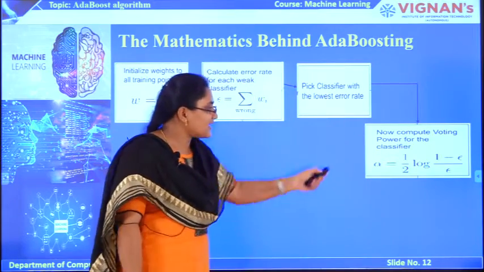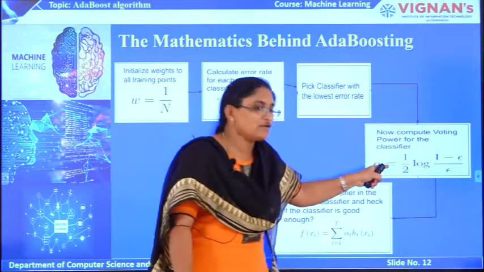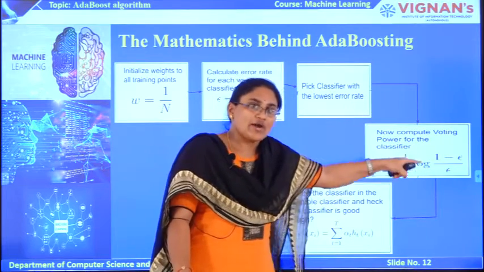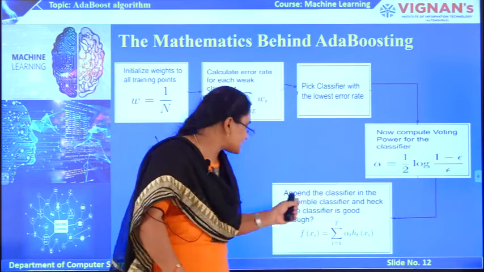After calculating alpha, the selected lowest error rate classifier is ensembled with the ensemble function.